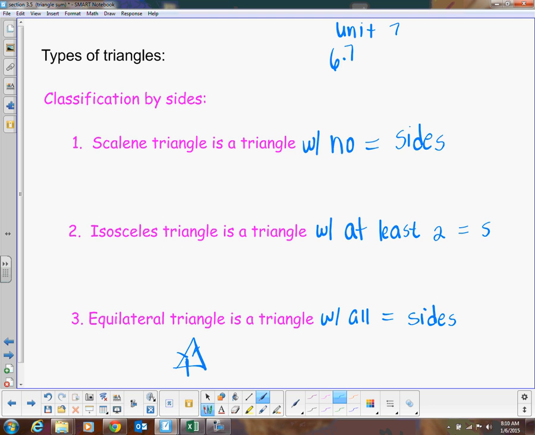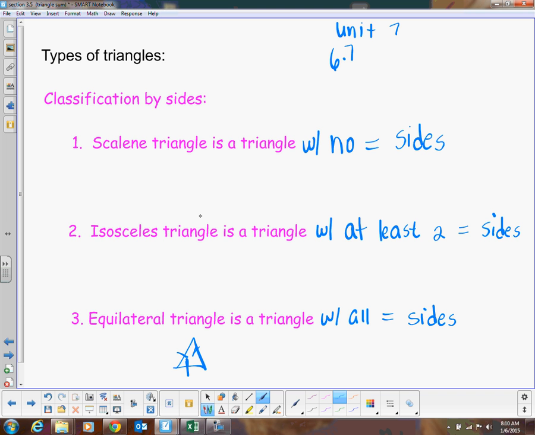What does that mean? At least. It could have 3, meaning an equilateral triangle is also what? Isosceles. But is isosceles always equilateral? Because isosceles could have just 2, and on the equilateral you have to have 3.